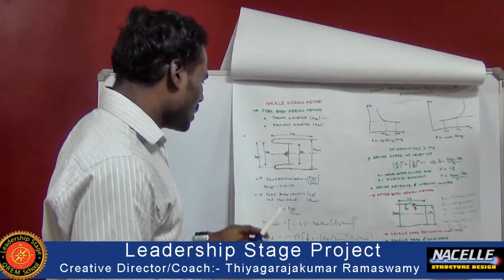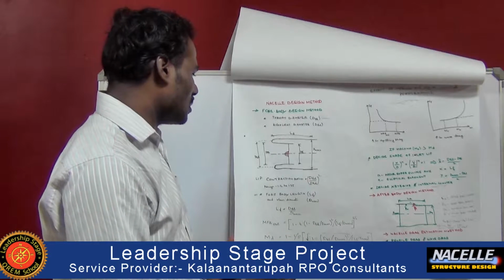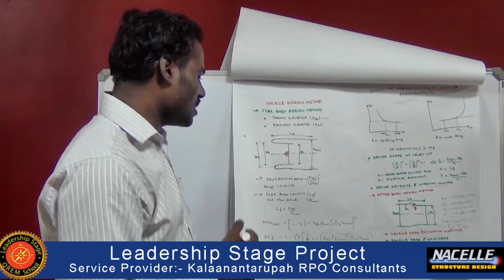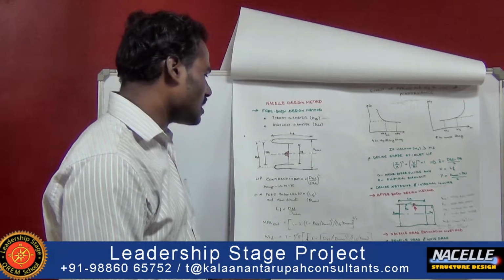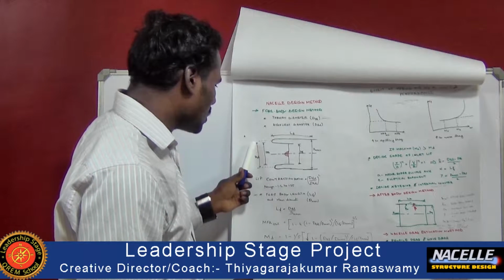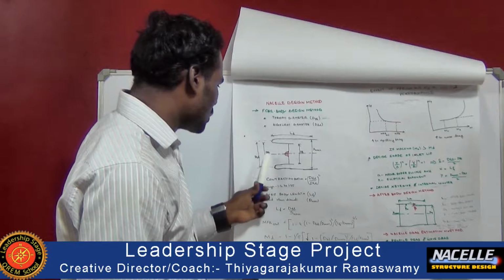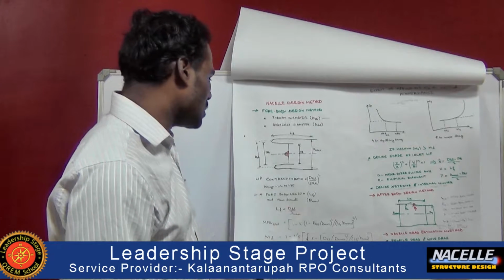Then we can find the contraction ratio of the lip, that is, at the throat value. The contraction ratio is the ratio of the square of the highlight diameter to the throat diameter. It normally ranges from 1.2 to 1.35.